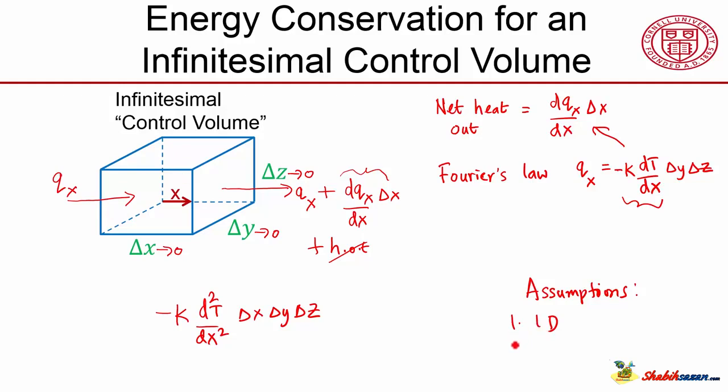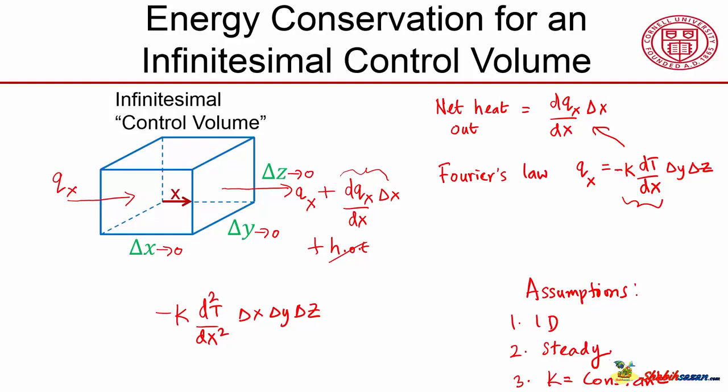I also have assumed that there is no variation of the temperature with time, so it's steady, and I'll also assume that K is a constant, that is, we have constant thermal conductivity. We can relax all these assumptions, but that just makes the details more complicated.